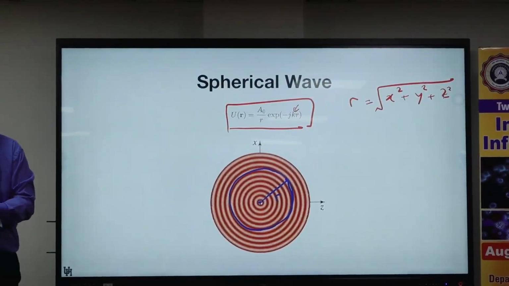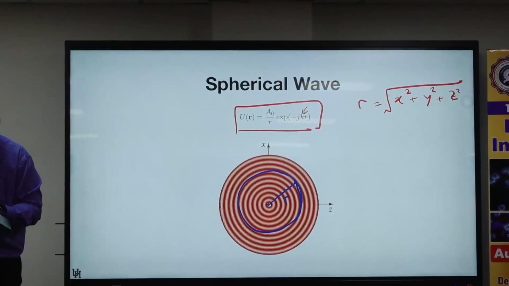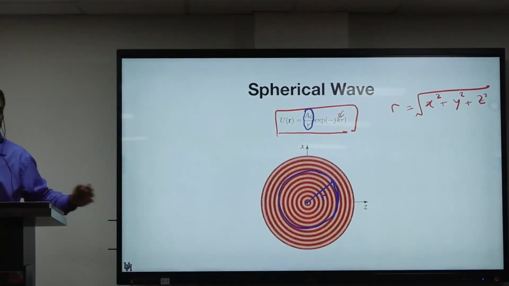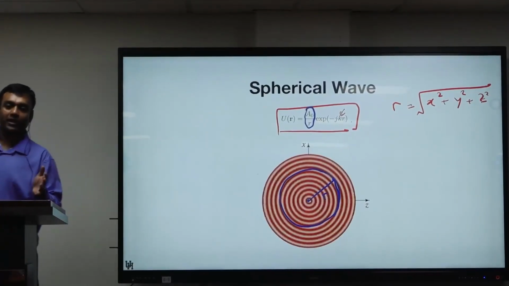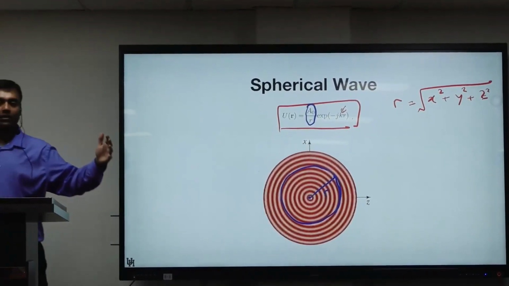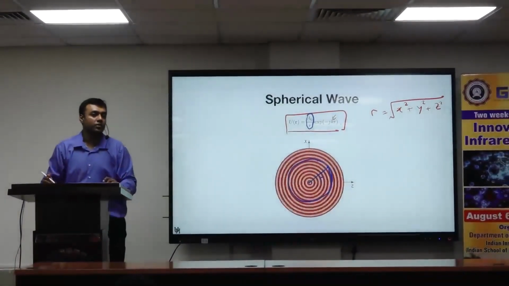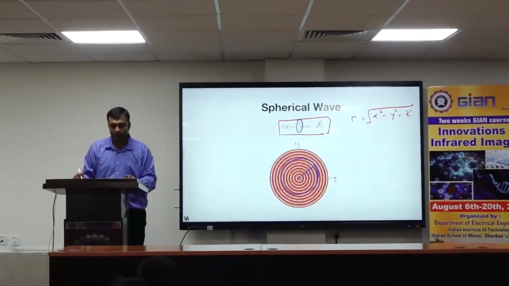So what we are saying in this equation is that the amplitude of this spherical wave is reducing as it becomes bigger, and the phase is accumulating as it travels away from the center of the sphere. That's the nature of spherical waves.